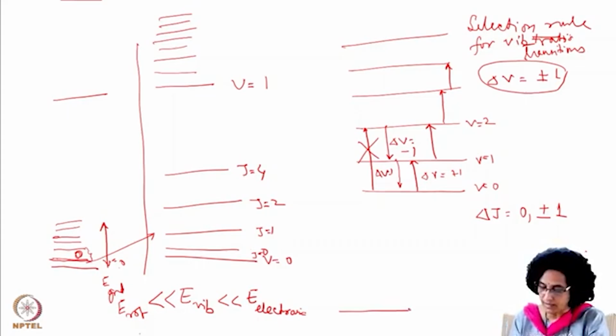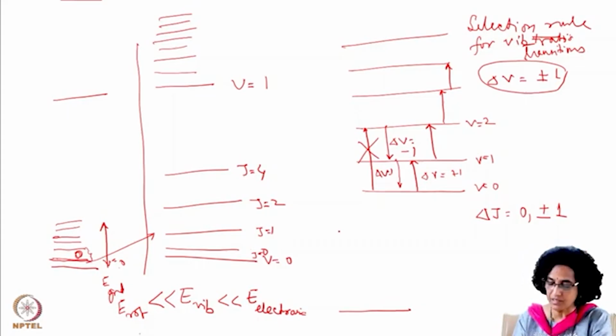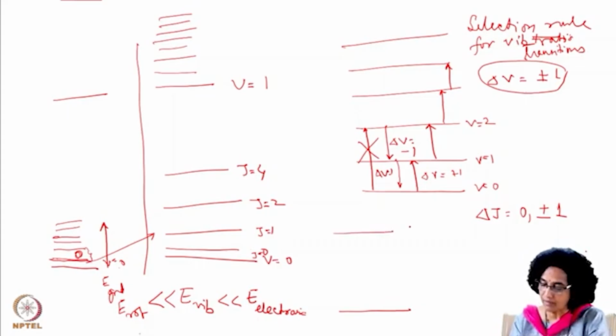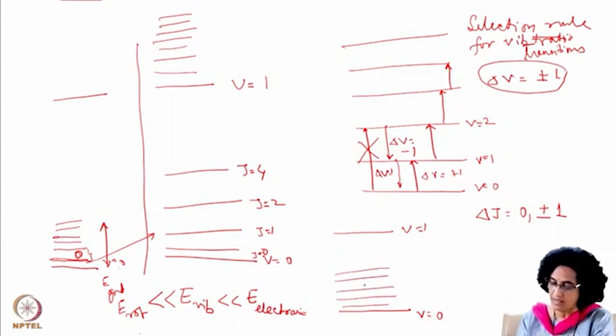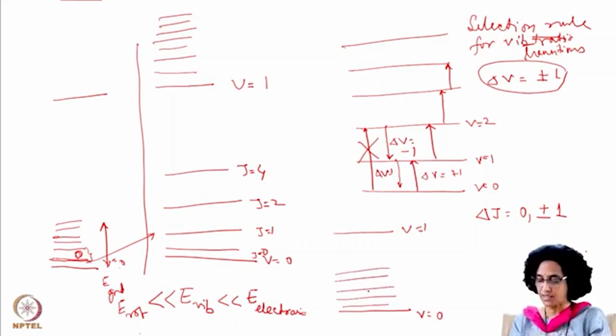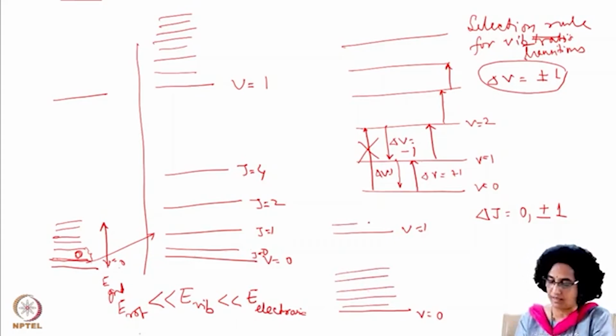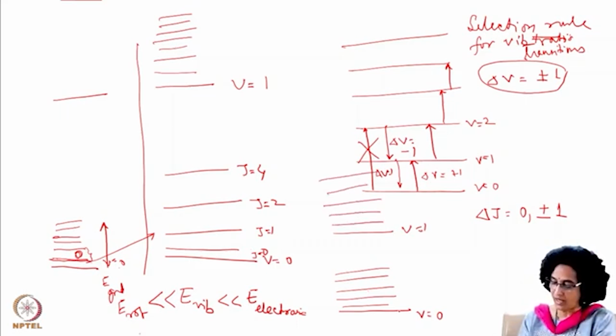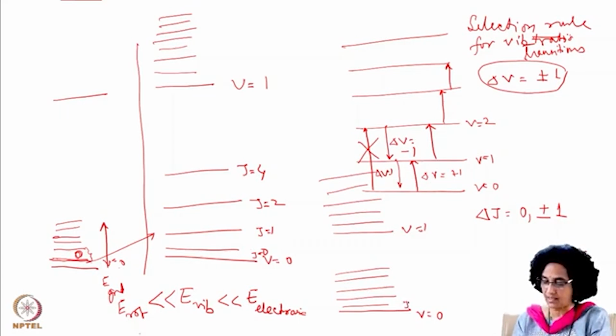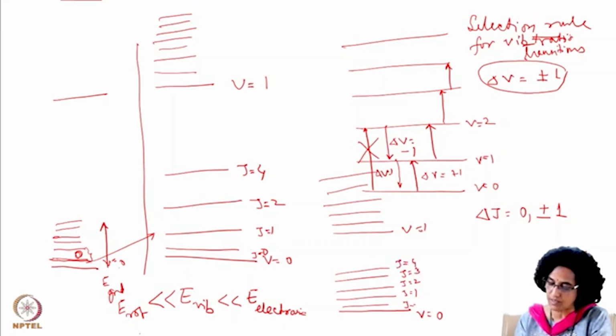For example, let this be the ground vibrational state, V equal to 0, and let this be the upper vibrational state, V equal to 1. We know that each is populated by its own rotational levels. Let us not concentrate on the separation, because I have just drawn it for the sake of understanding. So you have these rotational levels, J equal to 0, J equal to 1, J equal to 2, J equal to 3, J equal to 4, etc.